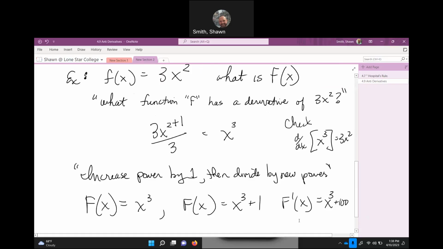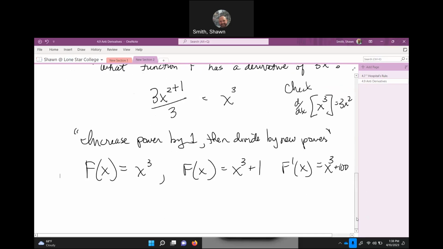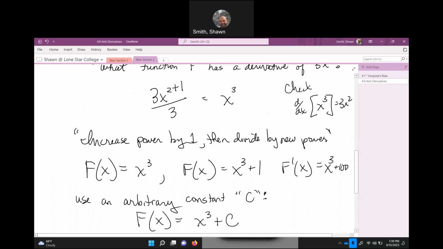It doesn't matter what that number is, so that's why we're just going to use an arbitrary constant c. So our cap F of x is equal to x cubed plus c. This is called a family of antiderivatives, because that c has an infinite number of values, but the derivative of every one of those is always still 3x squared.